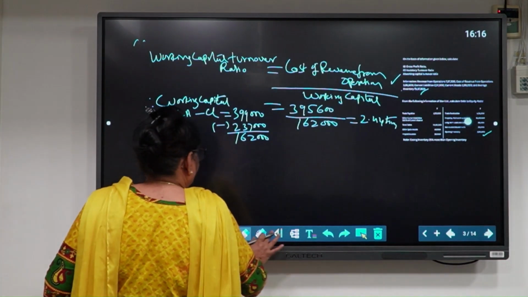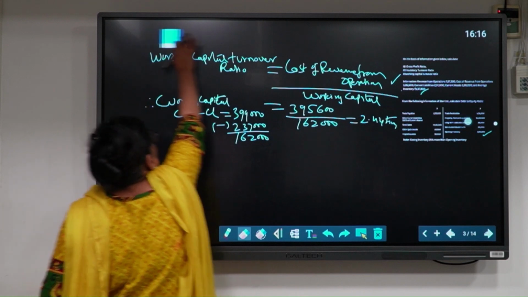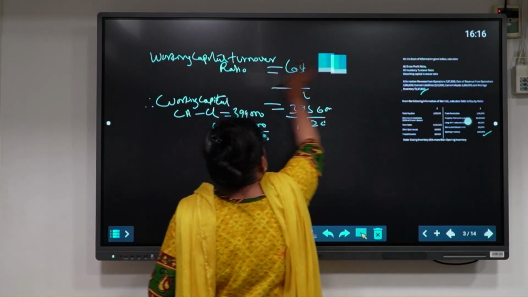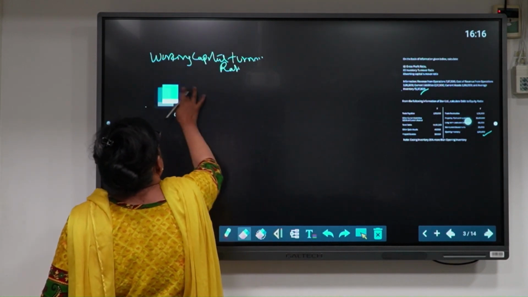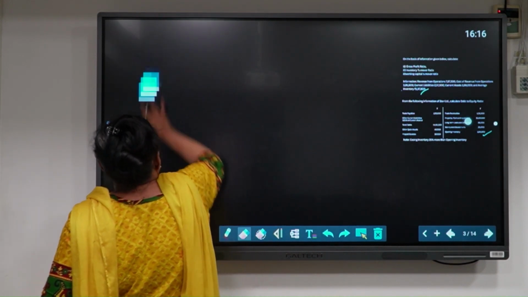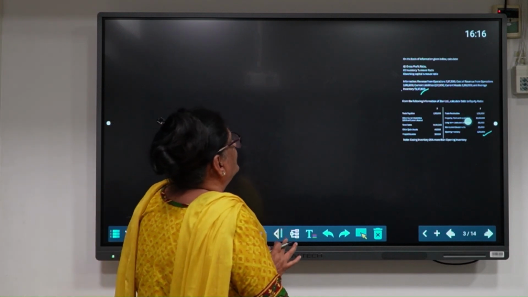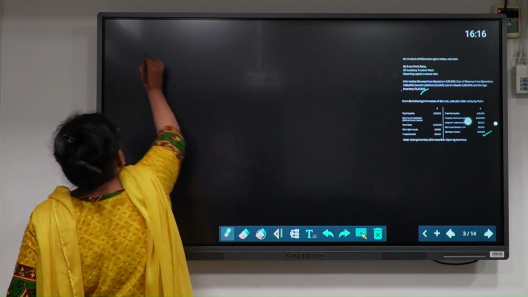Now let us go with the second part. Let us go slowly one by one. Only debt equity they have told. Debt to equity ratio, a solvency ratio.